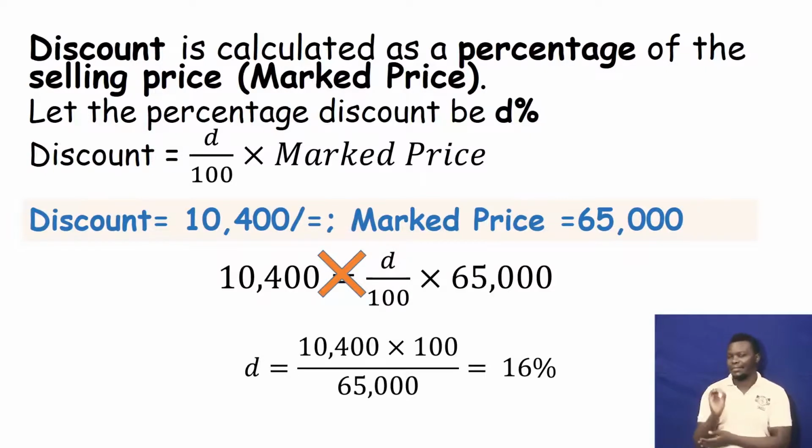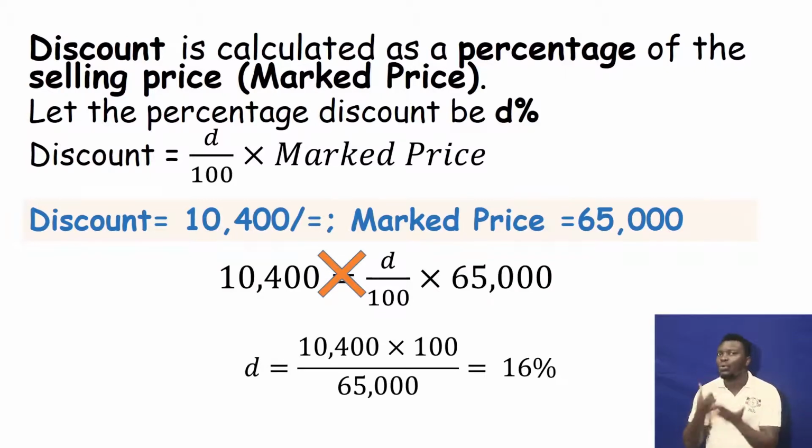Now, all the questions about discount come in those two forms. Either the percentage discount is given and you're required to find others like marked price or the cost price, or the percentage discount is not given and you're given the rest and you're required to find it.